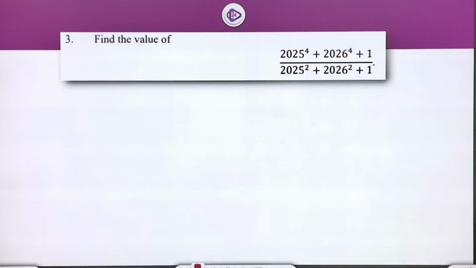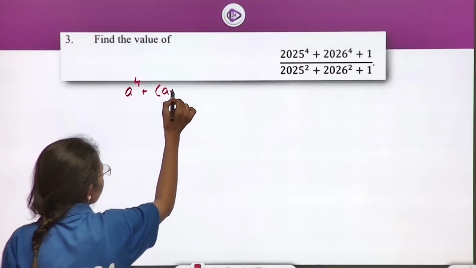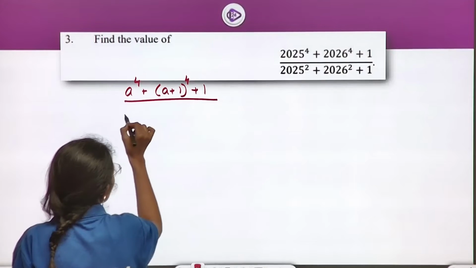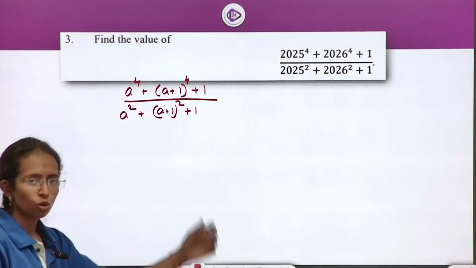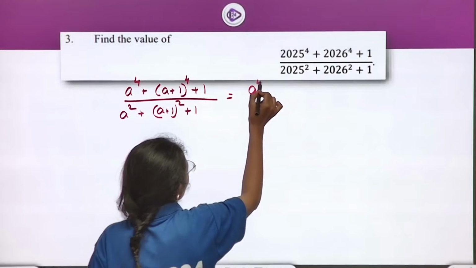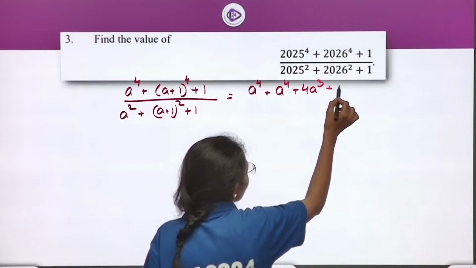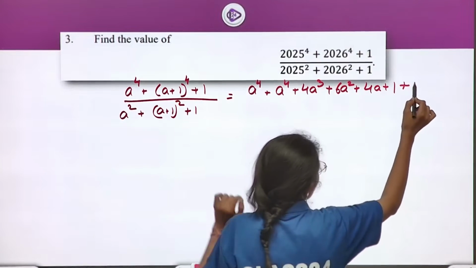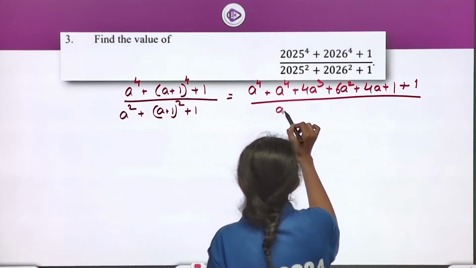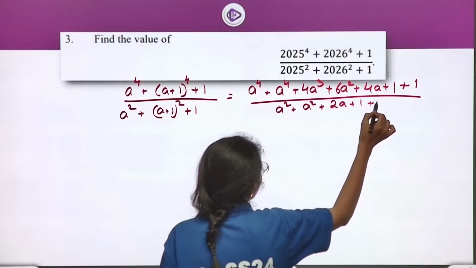Now the next question is to find the value of this. We can observe here that the given expression is of the form a to the power 4 plus (a plus 1) to the power 4 plus 1, upon a squared plus (a plus 1) whole squared plus 1. Now when we open up the brackets, we get a to the power 4 as it is. Now (a plus 1) to the power 4 will give us a to the power 4 plus 4a cubed plus 6a squared plus 4a plus 1, and the last plus 1 as it is, upon a squared plus (a plus 1) whole squared, that is a squared plus 2a plus 1, and plus 1.